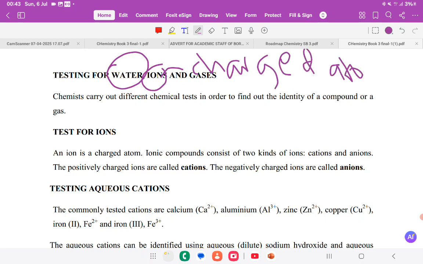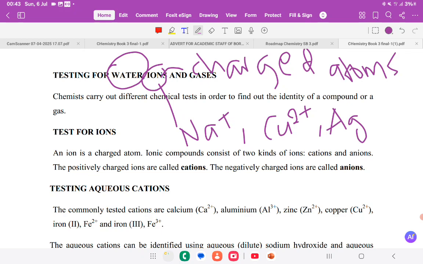What charged atoms are present in a particular substance? Examples of ions include sodium ions, copper ions, silver ions, iron ions, which can be 2+ or 3+.